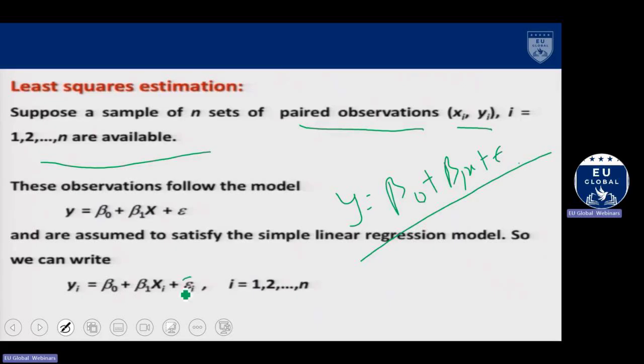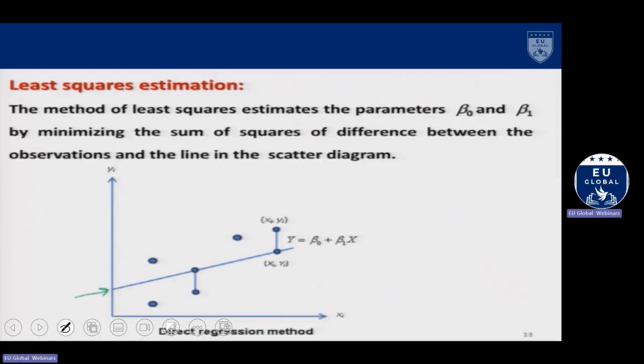This epsilon is the random error that basically represents the difference between the observed value and the fitted value. So we can see that this method of least square estimates the parameters beta naught and beta 1 by minimizing the sum of squares of difference between the observation and the line in the scatter diagram.